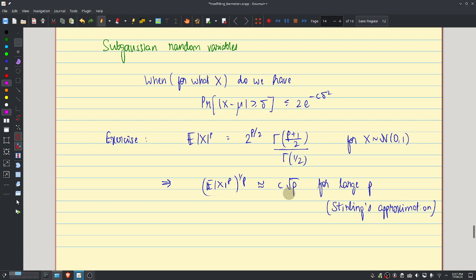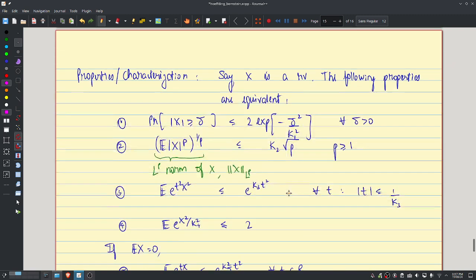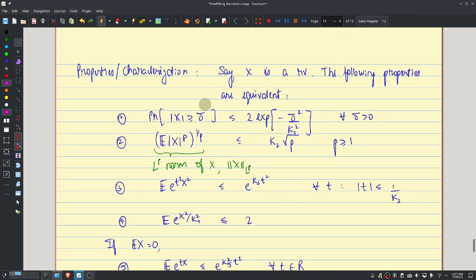So in certain applications, I will not be able to show that the random variable satisfies this directly, but maybe I have some handle on the moments. If I am able to show that the moments satisfy this, then I know that it is sub-Gaussian.